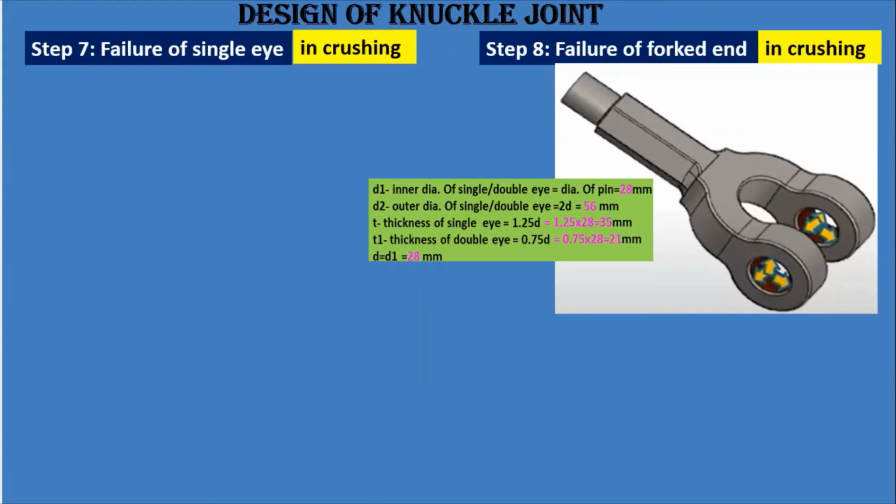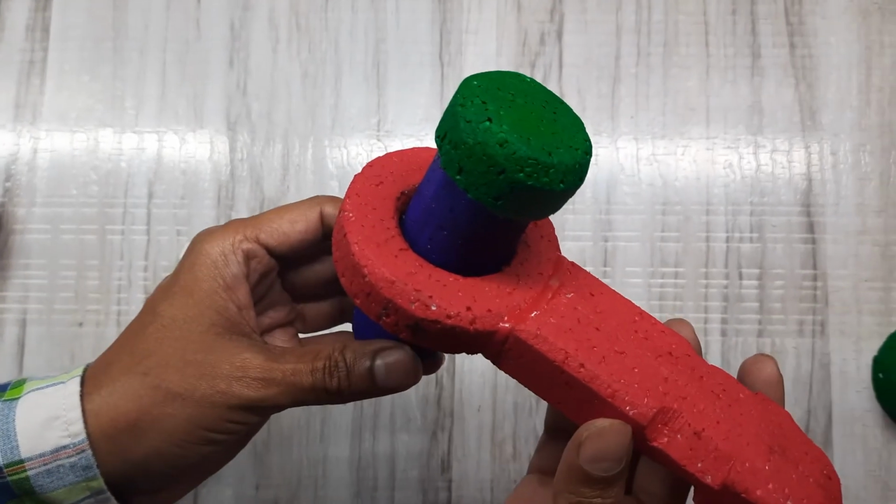So here crushing will take place in both the single eye as well as the double eye. I'll show you some practical applications of that, practically through this model. Failure of single eye in crushing.